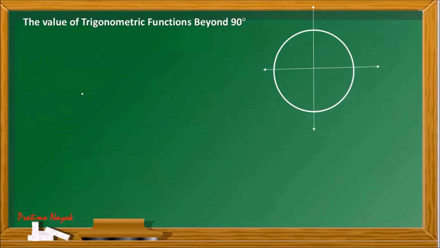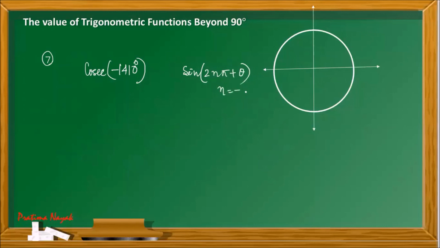Next is question number 7. Find cosec minus 141 degree. So here, please note that we are writing, I'm taking sine as the example, it is for all the functions, 2n pi plus theta. N can be a negative integer also. So I can write this as negative also. You know that 360 multiplied by 4 is equal to 1440.